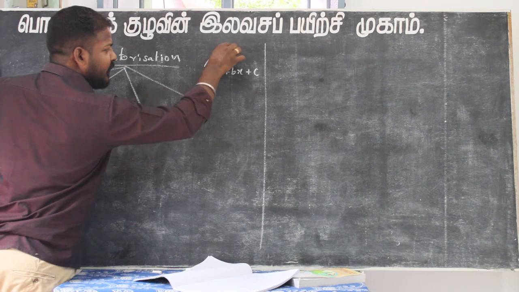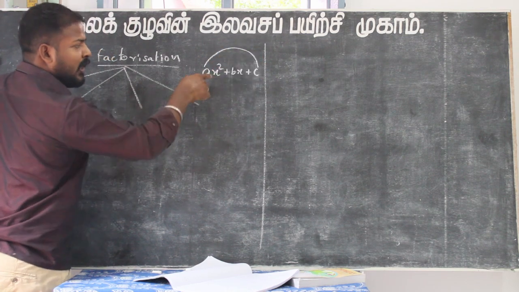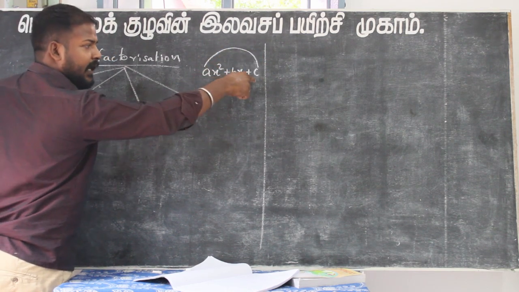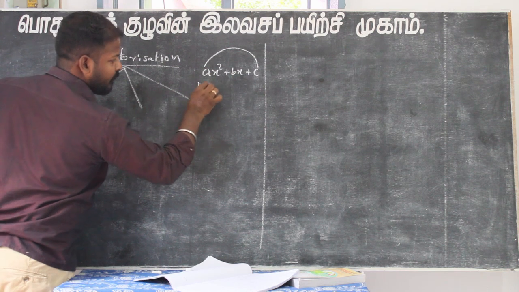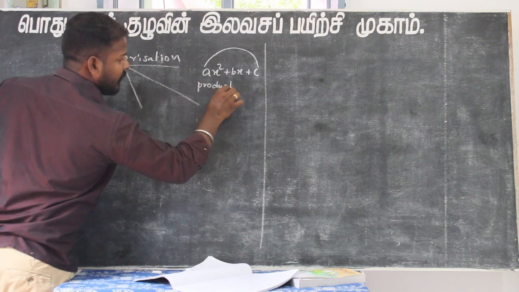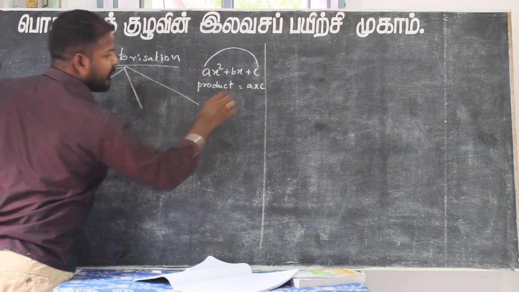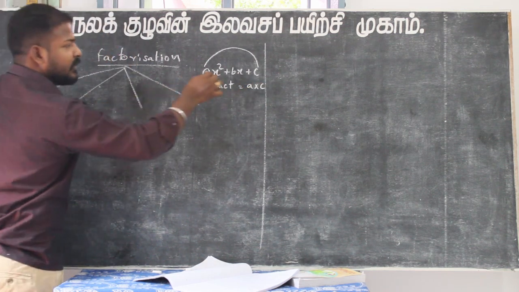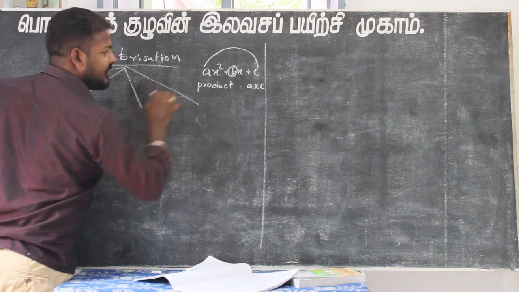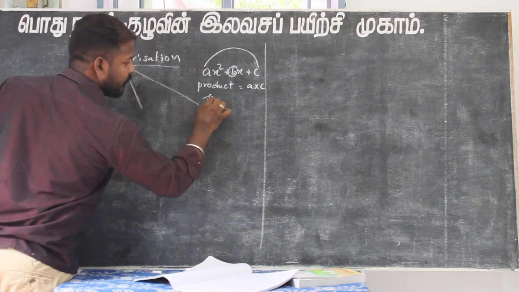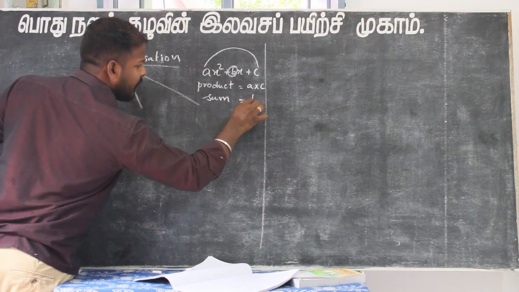Product means we multiply a and c, the coefficient of x square and the constant term. Sum means the coefficient of x, that is nothing but your b.